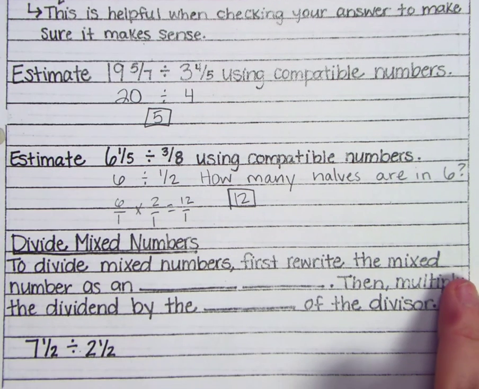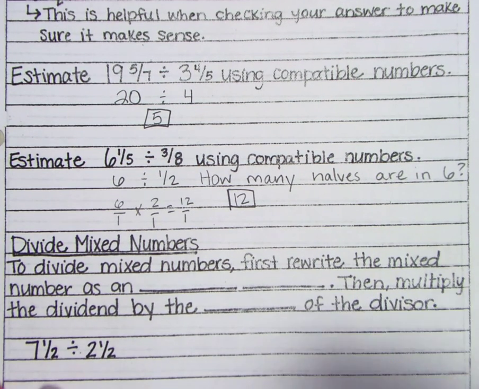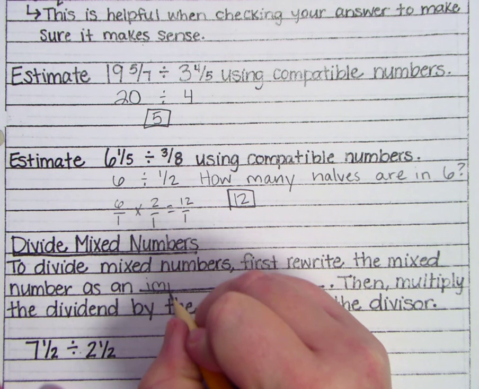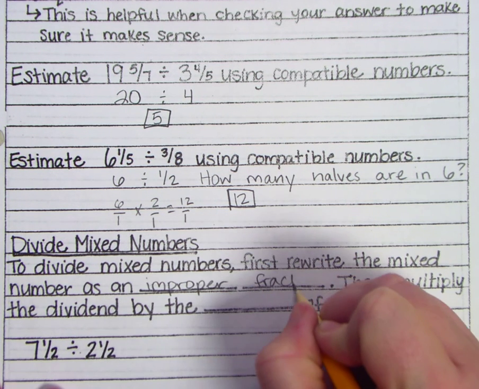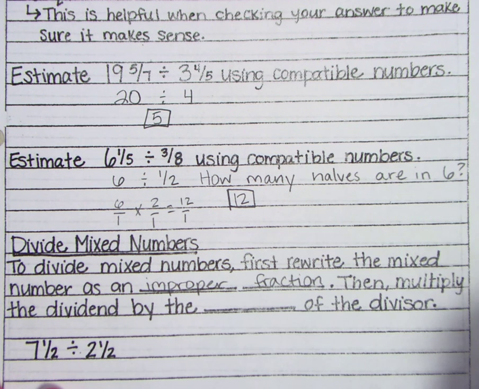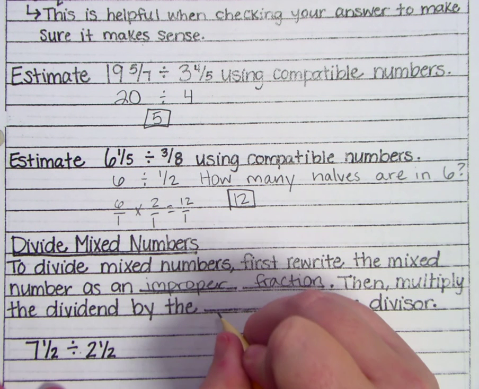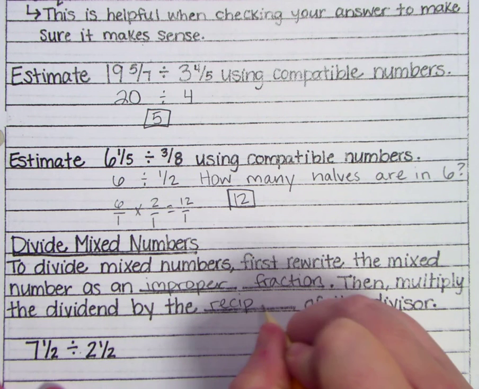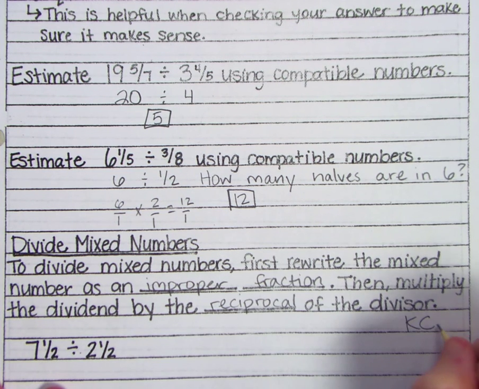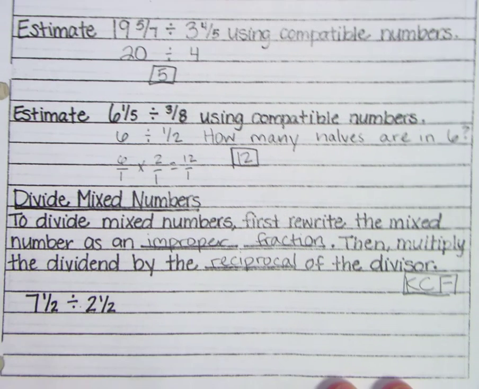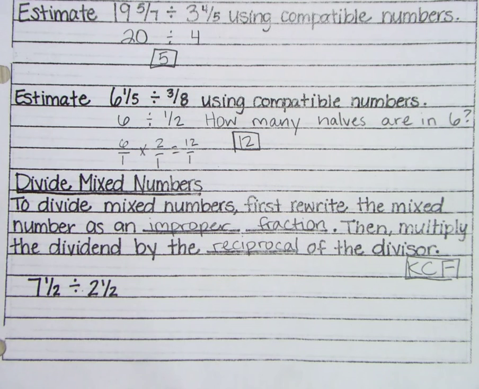Now when we divide mixed numbers, we want to first rewrite the number as an improper fraction. Then multiply your dividend by the reciprocal of the divisor. That is your keep, change, flip method. So let's try 7 and 1/2 divided by 2 and 1/2.